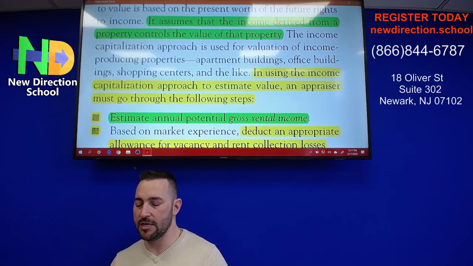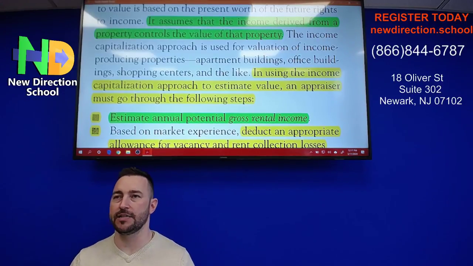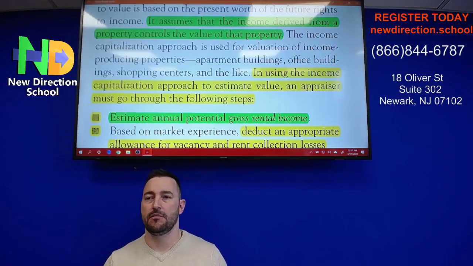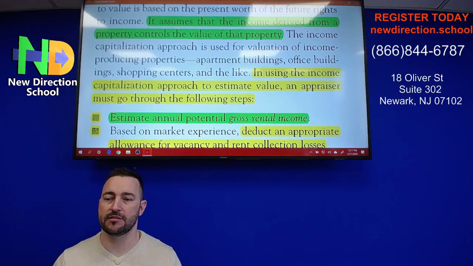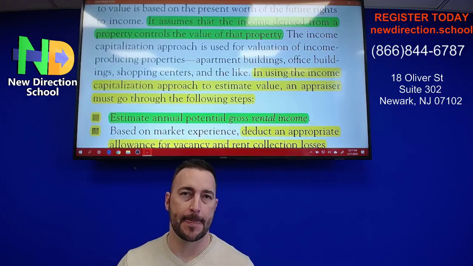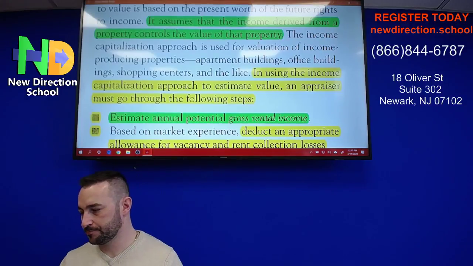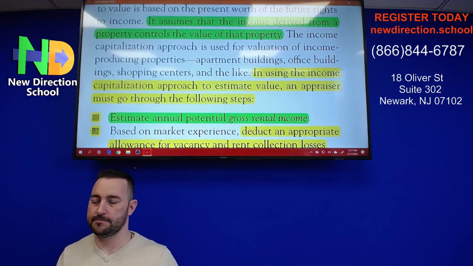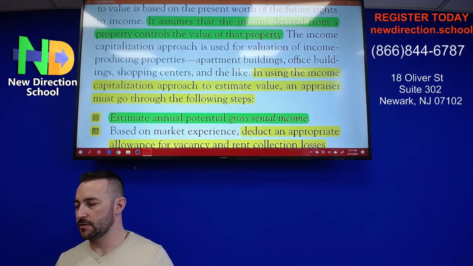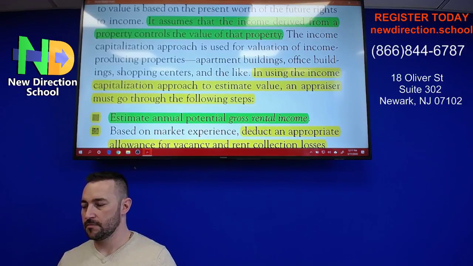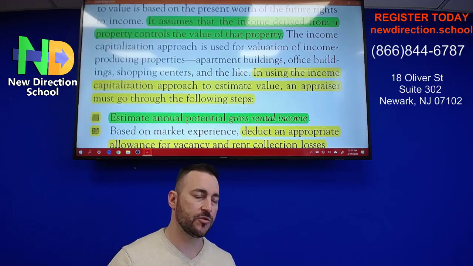Where it says annual potential gross rental income, I want you to write, assuming 100% occupied. So this is the potential of this particular property.